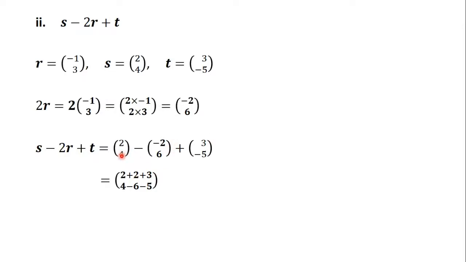Then when you come to the y component, you have 4 minus 6 plus -5. So that will give us 4 minus 6 minus 5. 2 plus 2 plus 3 will give us 7. 4 minus 6 minus 5 will give us -7. So s minus 2r plus t will give us (7, -7).